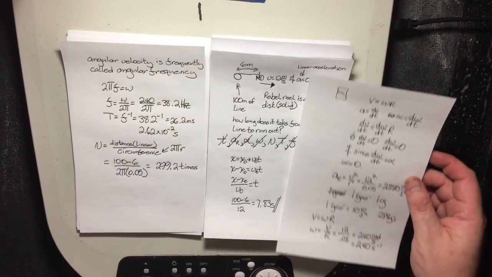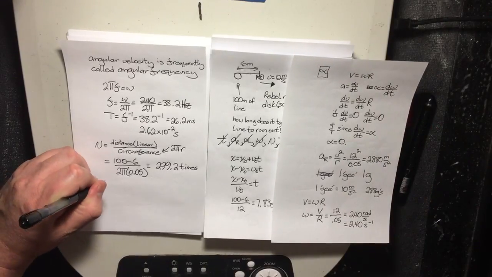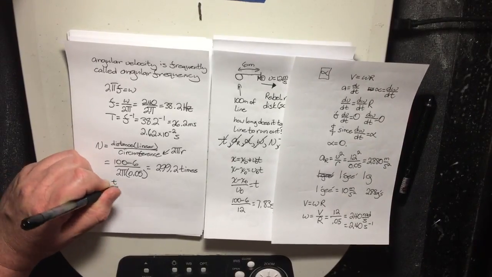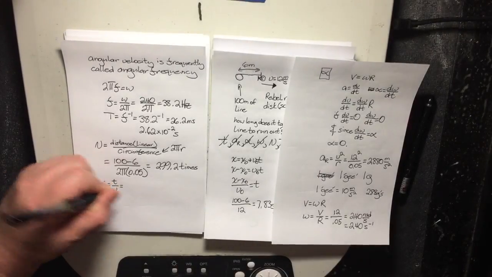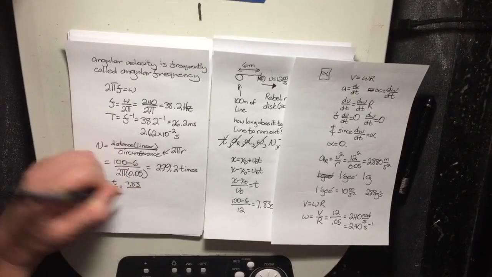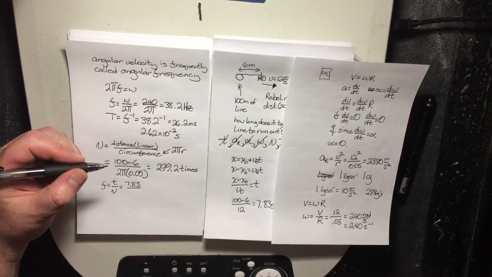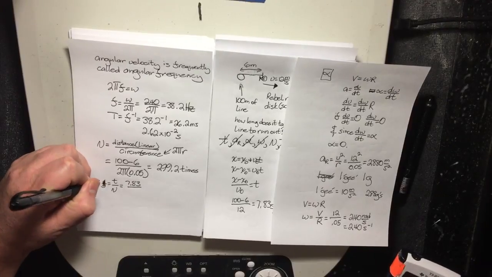And what's really interesting is that you could get frequency by, frequency is the total time divided by the number of oscillations. The total time is 7.83. No, that's not F, that's period.